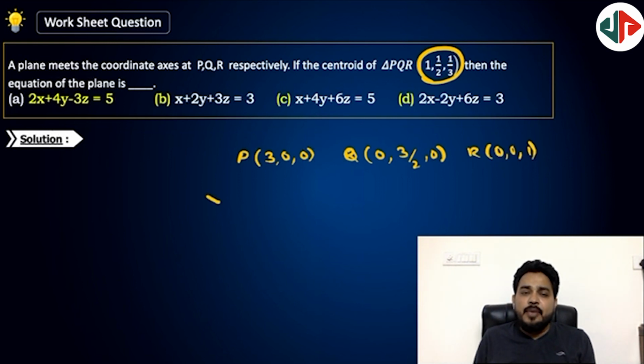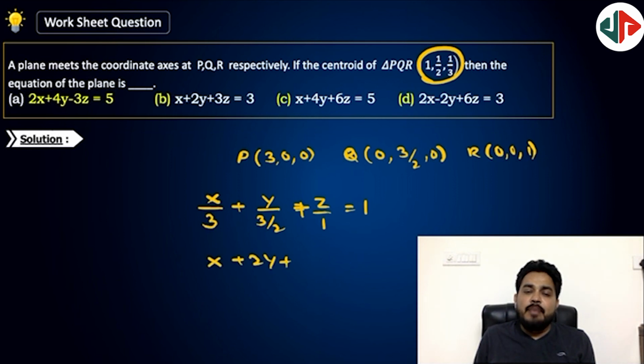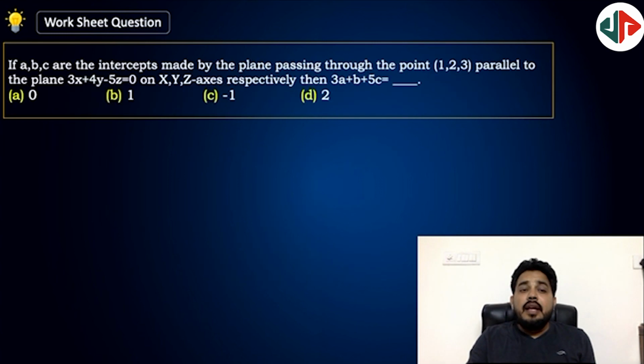What is the plane equation? x by 3 plus y by 3/2, sorry, plus z by 1 is equal to 1. So this will be x plus 2y plus 3z is equal to 3 is the answer.